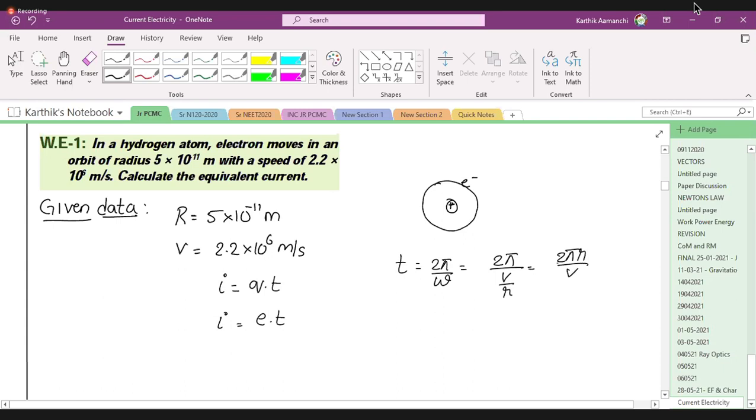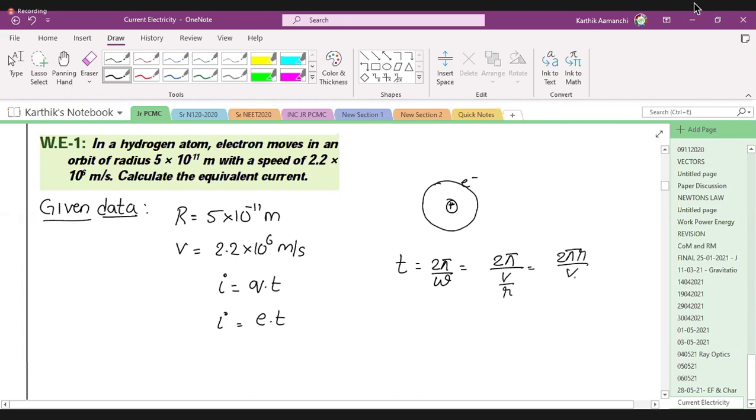See how beautiful physics is. 2 pi R is distance divided by speed gives you time. Physics has harmony in it. 2 pi R is your distance, no?